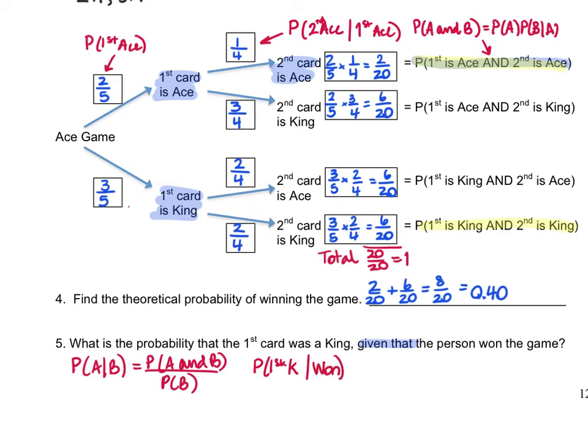And that is going to translate into the probability that the person won, or that someone won, goes in the denominator, and that we found was 8 out of 20, or 0.40.